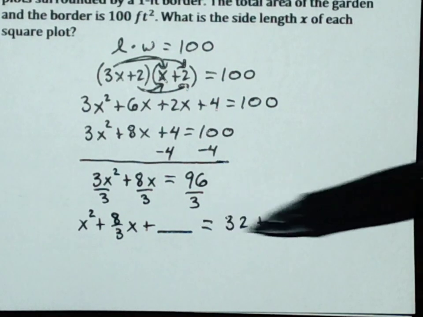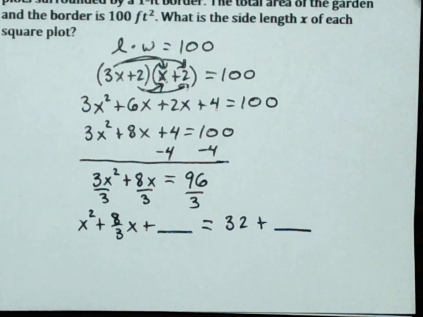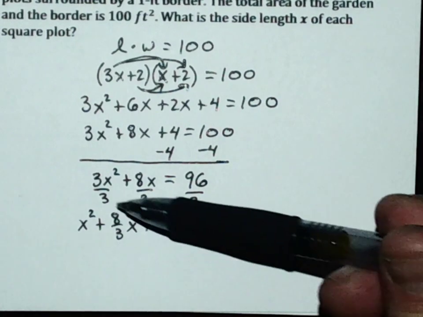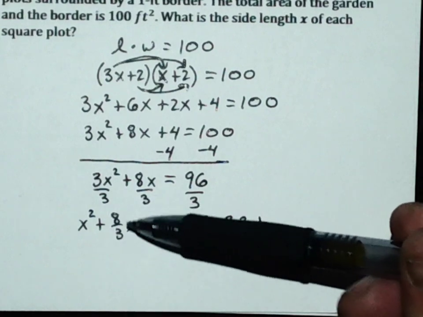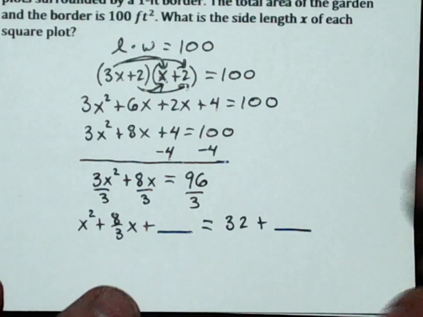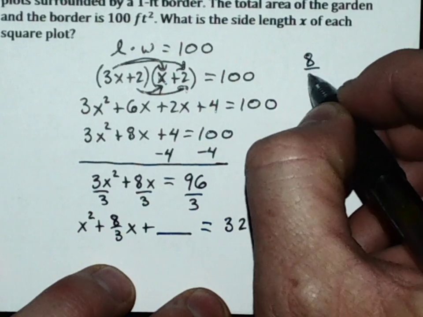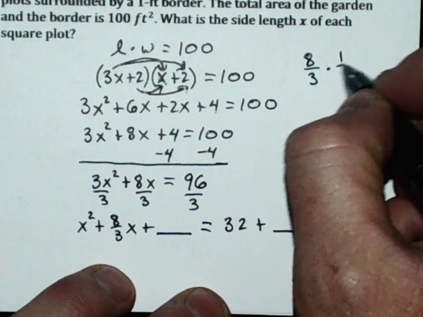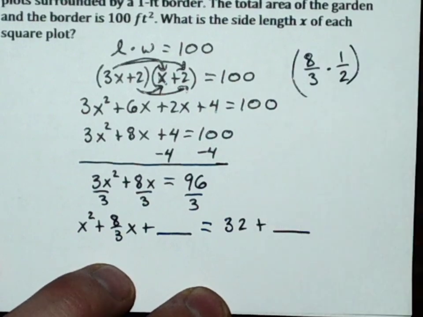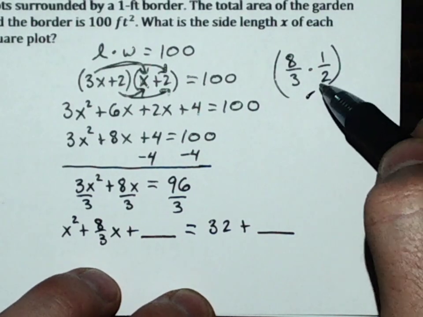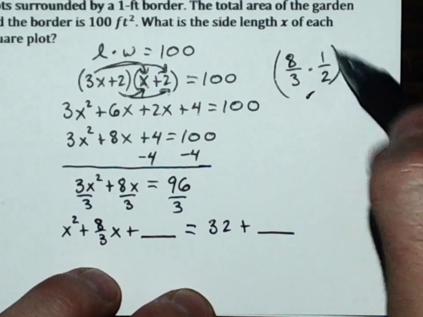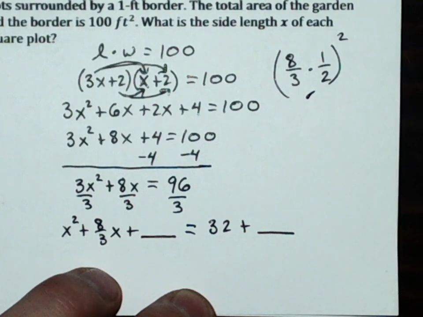What gets placed in the blanks? Well, it is half of your b value. Our b value is 8 divided by 3. So I need to take 8 divided by 3 and take half of it. Taking half of something is the exact same thing as multiplying it by 1/2. And then you square that.